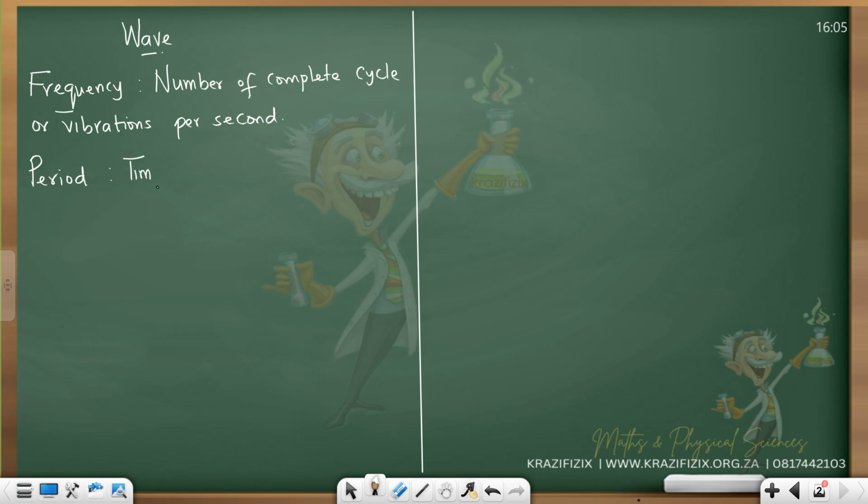Period is the time taken for one complete wave or vibration to pass through a point.